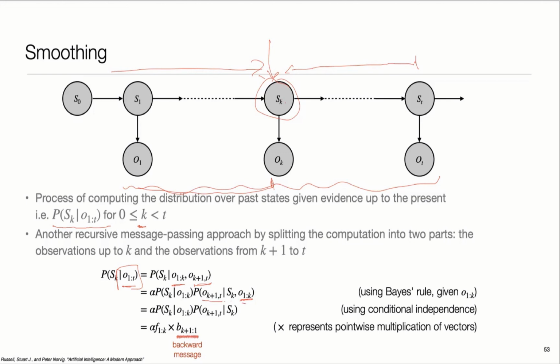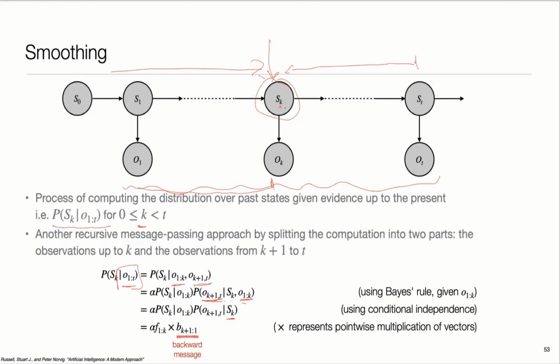Okay, so I can decompose it in this particular manner. And then from this, I make use of, again, conditional independence. So we know observations in the future will only depend upon Sk, because if I know Sk, then we cancel out everything from the past.